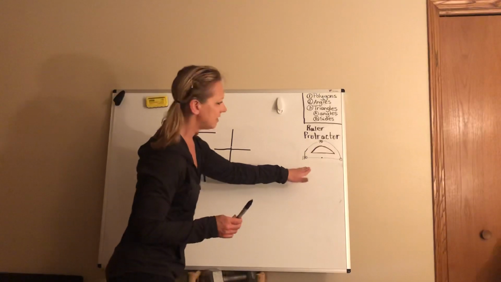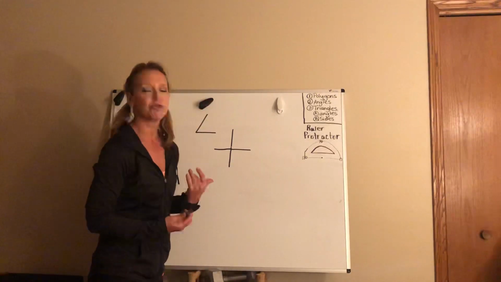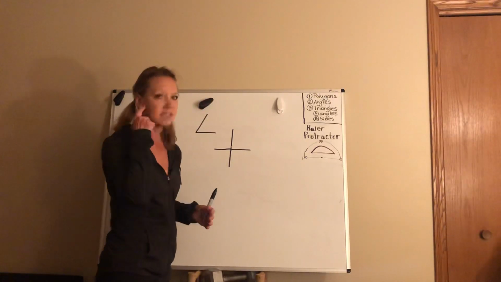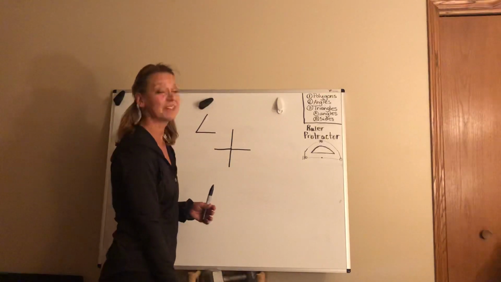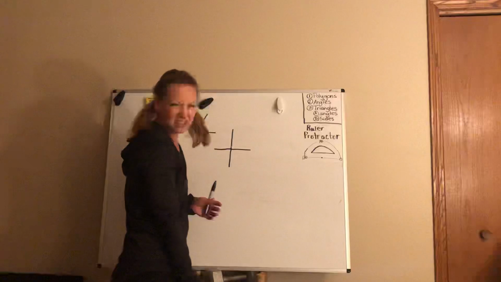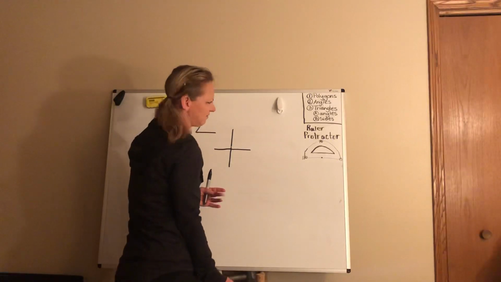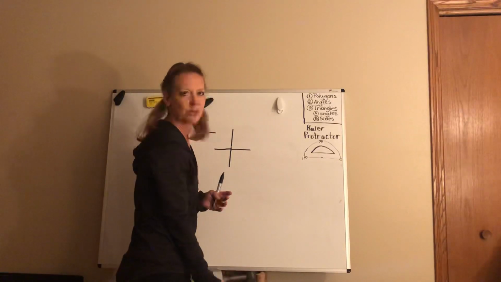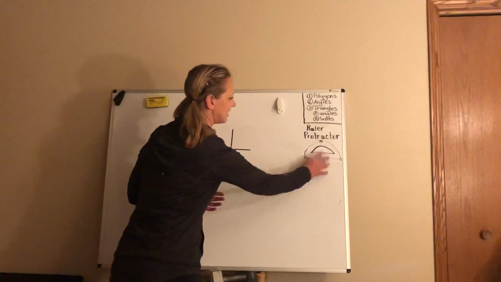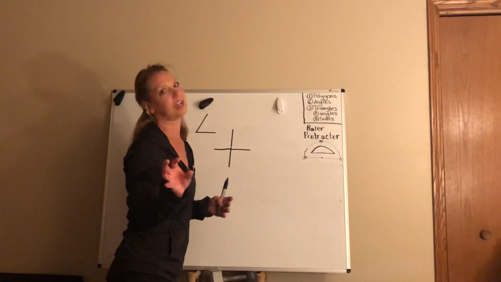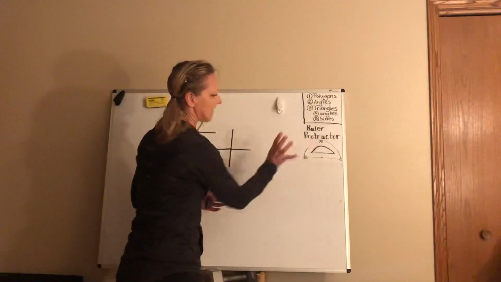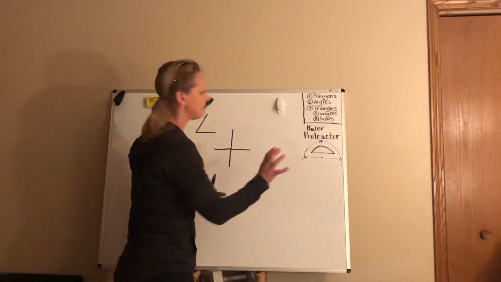If you can see this, what I did was I tried to draw a protractor because I did not have one. I left my protractor at school, of course. So I just drew a basic one. Maybe you even have one of these at home, but you definitely have one at school. It's usually plastic, sometimes metal.